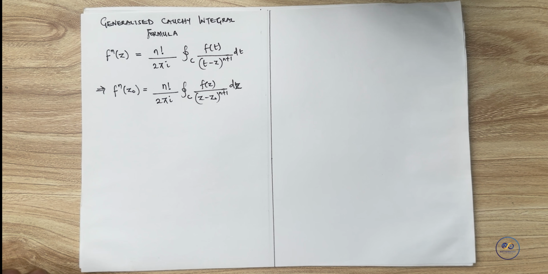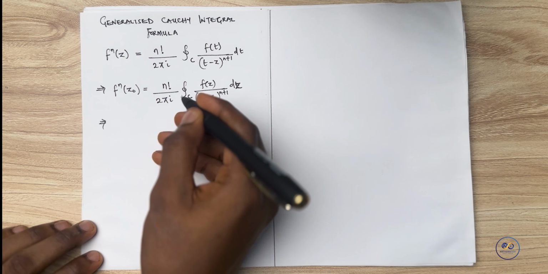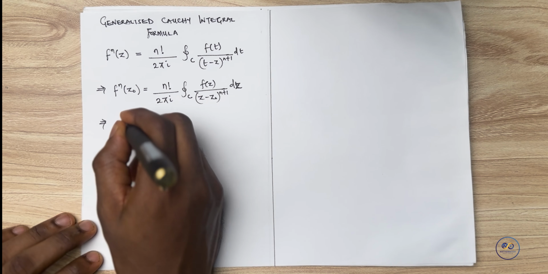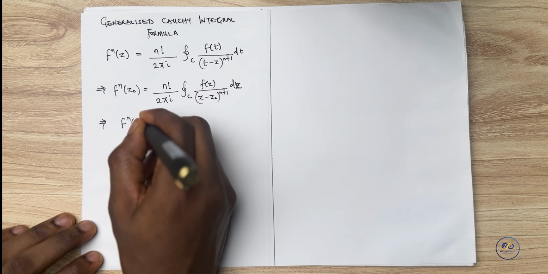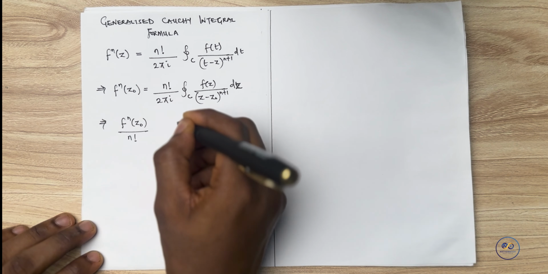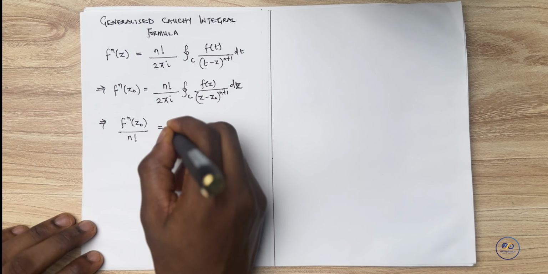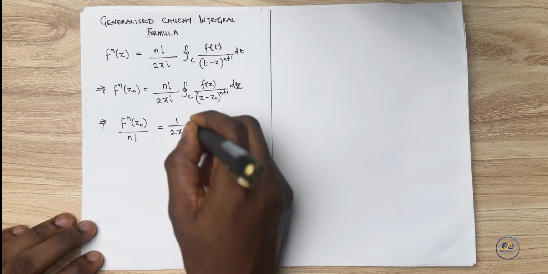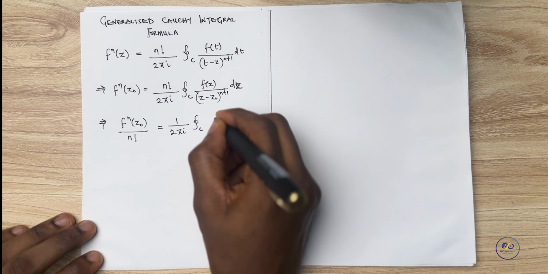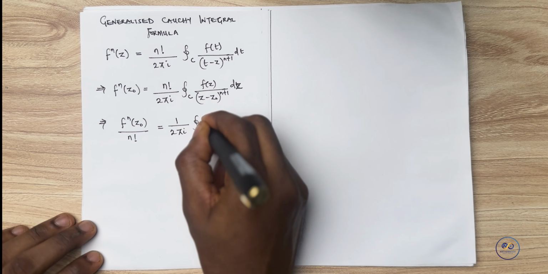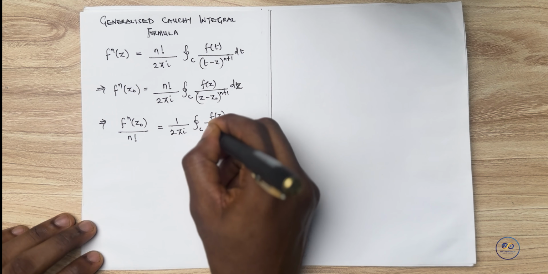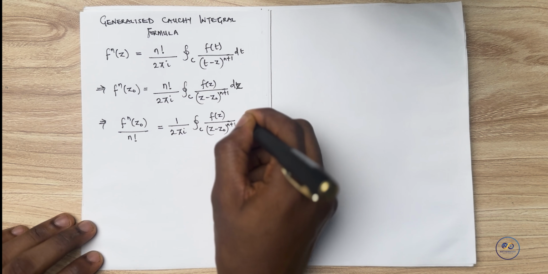Now, we see immediately that if we were to divide by n factorial, we would have that f^n(z0) divided by n factorial would be equal to 1 divided by 2 pi i integral over c of f(z) divided by (z minus z0)^(n+1) dz.